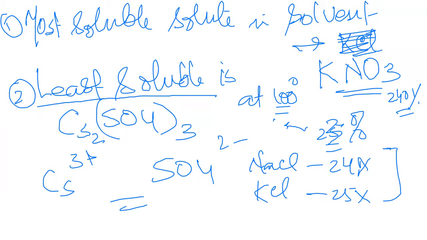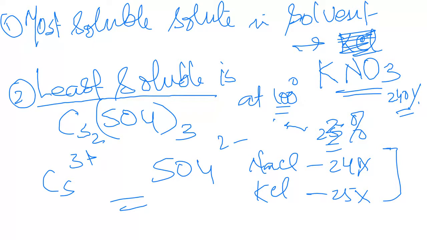This is an example: the solubility of nitrogen gas at 25 degrees Celsius and 1 atmosphere, the pressure is 1 atmosphere, and the solubility is 6.8 times 10 to the power minus 4. So what is the concentration in molarity of nitrogen dissolved under atmospheric conditions?